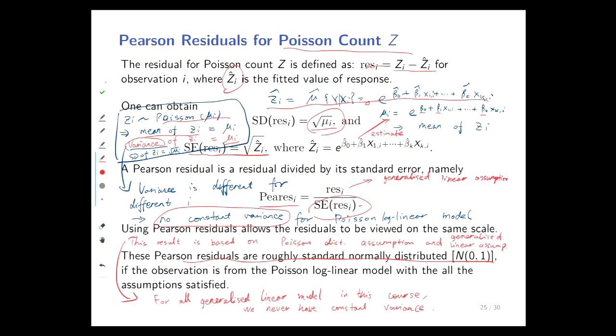And the standard error is actually from the Poisson distribution assumption, because when we construct this Pearson residual, we use both assumptions. So if this Pearson residual is really normally distributed, we should have these two assumptions satisfied.